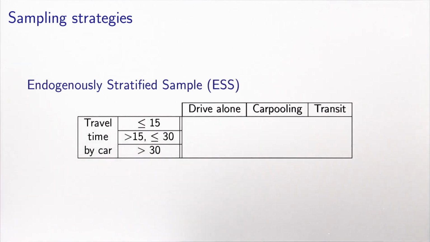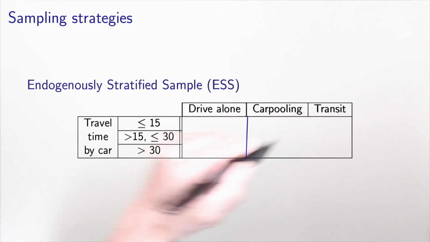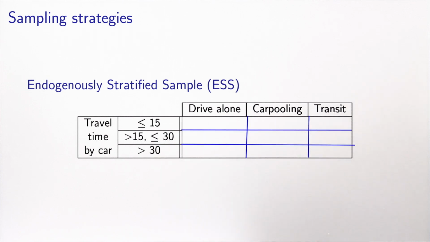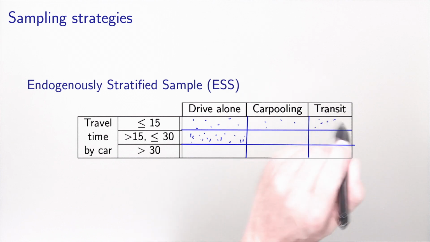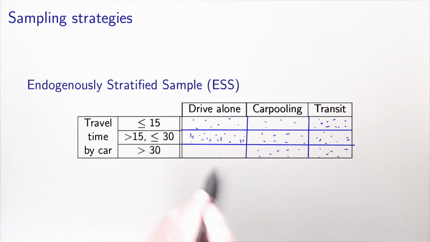Finally, we have the endogenously stratified sample, where the strata are defined based on the endogenous variables and exogenous variables. And again, the sampling frequency can be different in each cell, depending on your needs, your budget, your objectives, and so on.